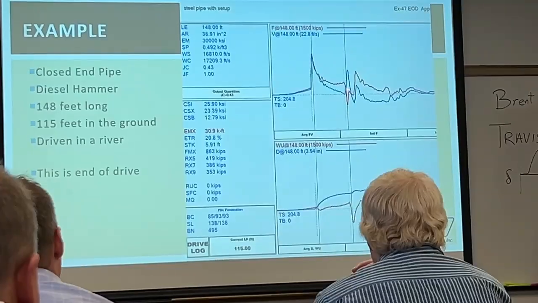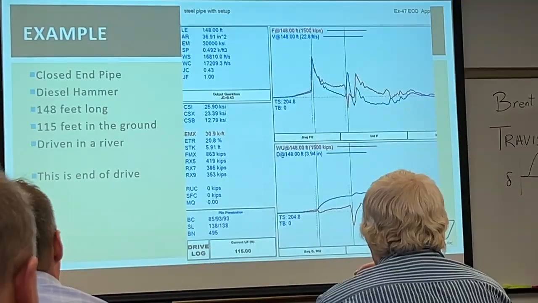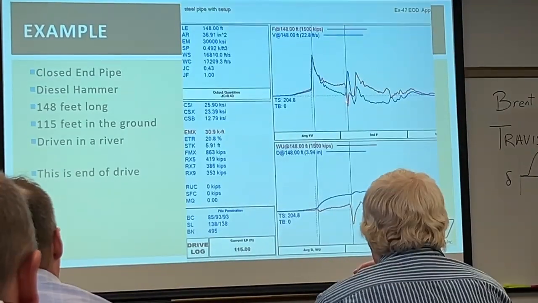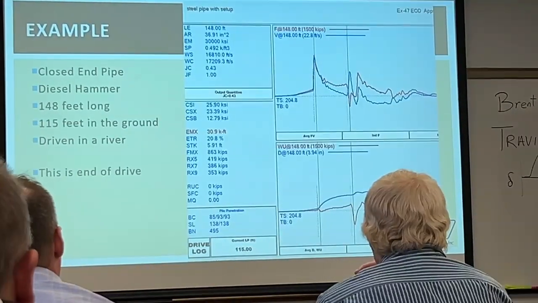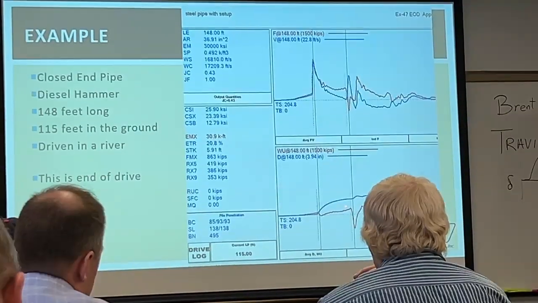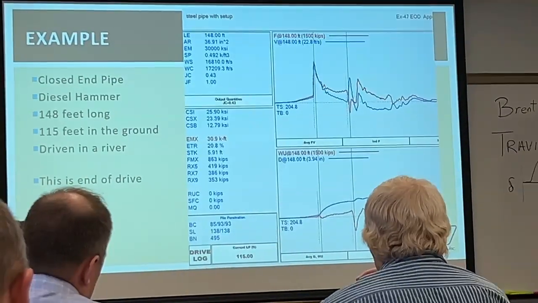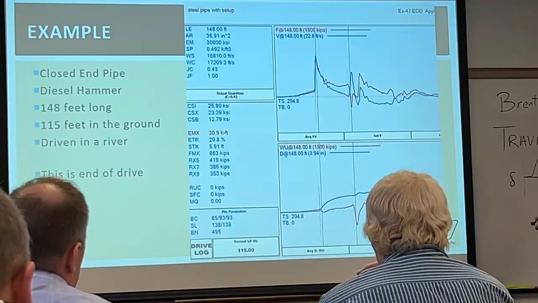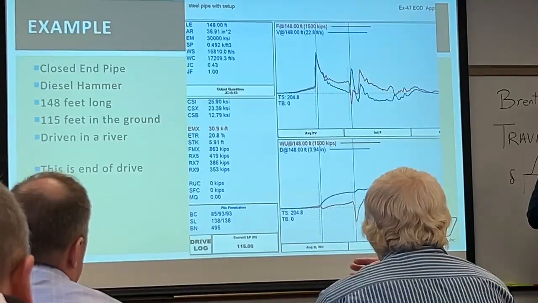Is the pile toe moving? Yes. Force is dropping to zero, velocity is increasing, so the pile toe is moving. It's not truly a free end, but we have a deep tension response showing that this closed end pipe is moving. And you'll take my word for it that everything goes back to zero.